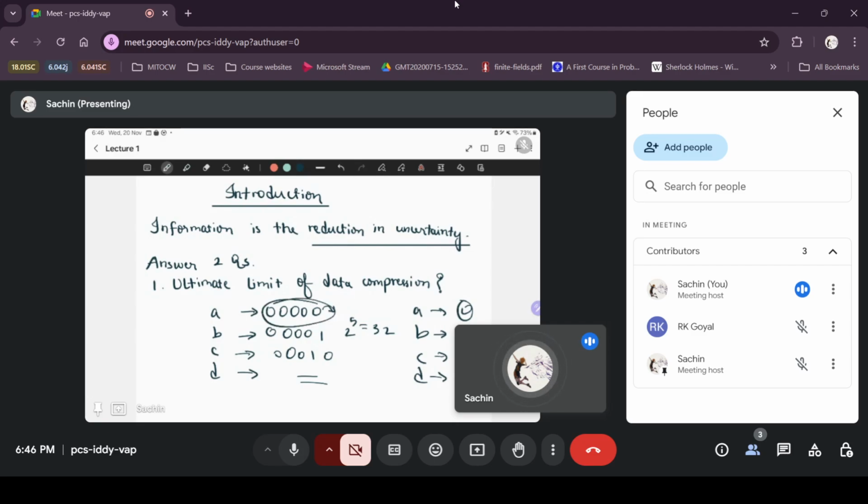You're storing the same amount of information. So whenever you see five zeros here, you will say that it is A. But in this system, a single zero is enough to tell you that you're storing A. So you can use a different coding to compress the data that you have. That is, you can represent the information you have with a lesser number of bits. So that would be data compression.